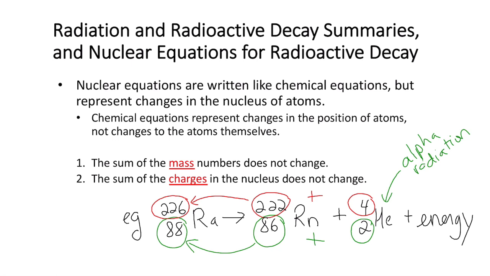So again, the top will add up to 226. So if I take 222 plus the helium atom, which shows me alpha radiation, that's going to add up to 226. And if I take the 86, which has decayed into, plus the alpha charge of +2 from the 2 protons, that's going to give me 88. So again, conserved overall while releasing energy.